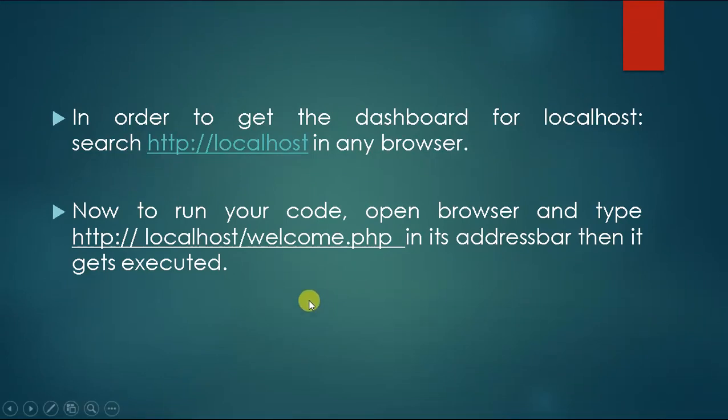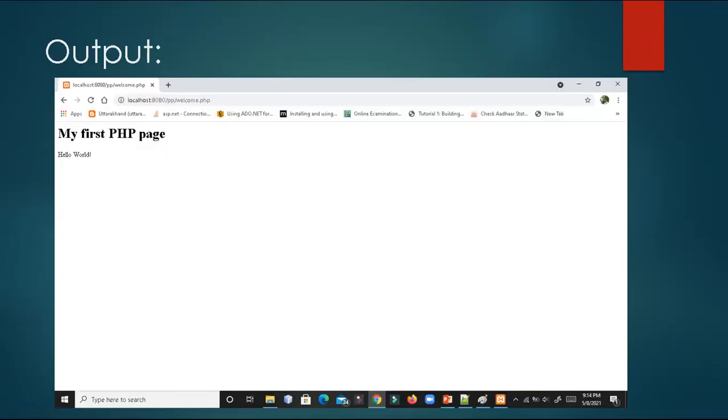For running your PHP code, you need to type this line in the address bar of the browser: http://localhost/welcome.php. welcome.php is the name of your PHP code, and when everything is okay, then the output will look like this.